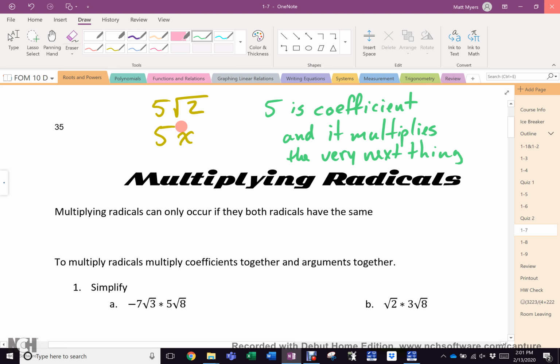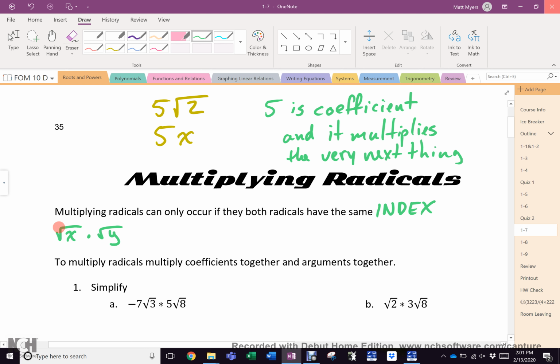Okay. So, there's a horrible typo here. I didn't proofread. That should say multiplying radicals can only occur if both radicals have the same index. Okay? So, root x times root y, is that okay?